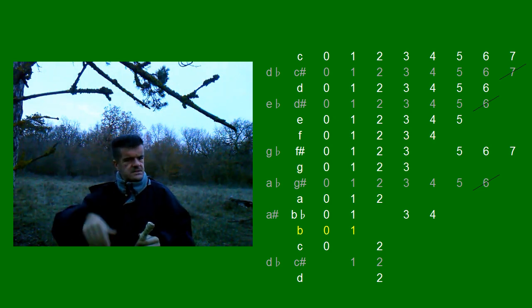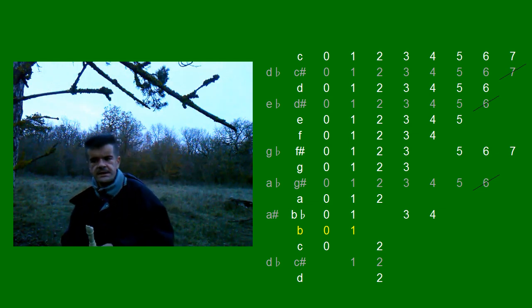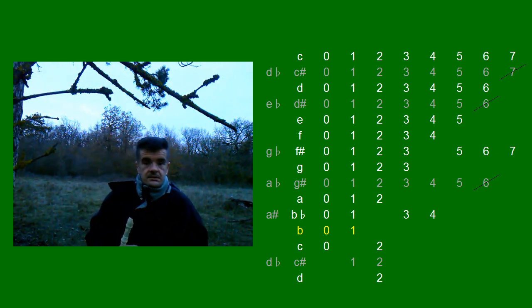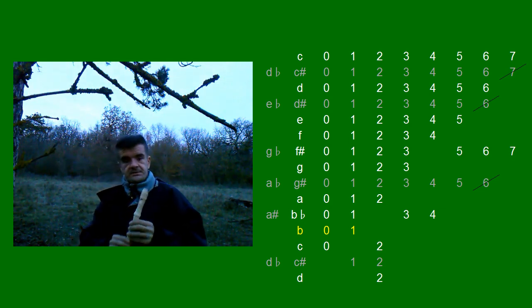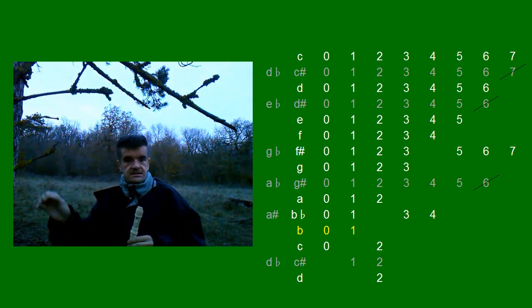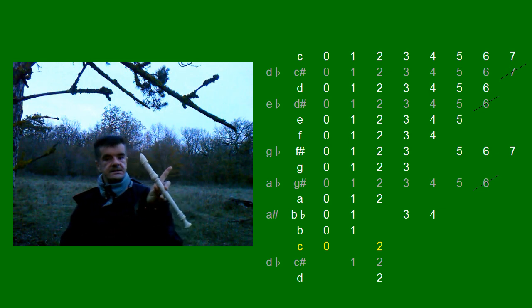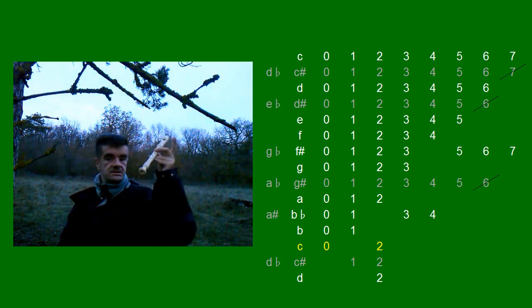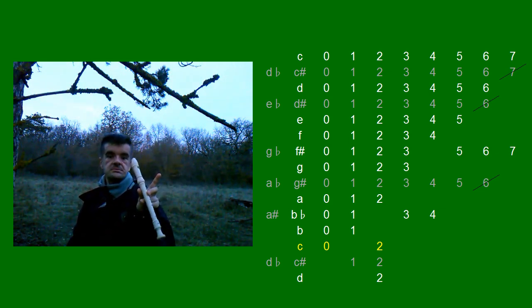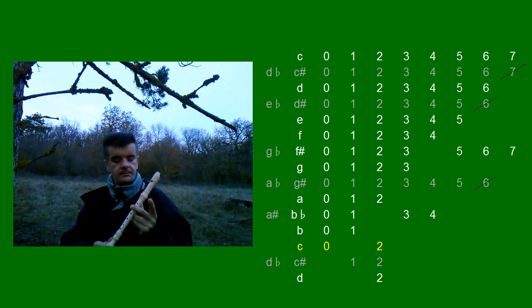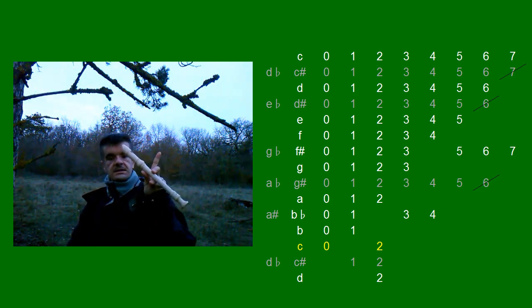Give it a try. Just stop the video if you like. Have a try. And now, if you continue, we have another C and another D. The upper C is formed like this. You see the chart or the table. Cover the second hole.